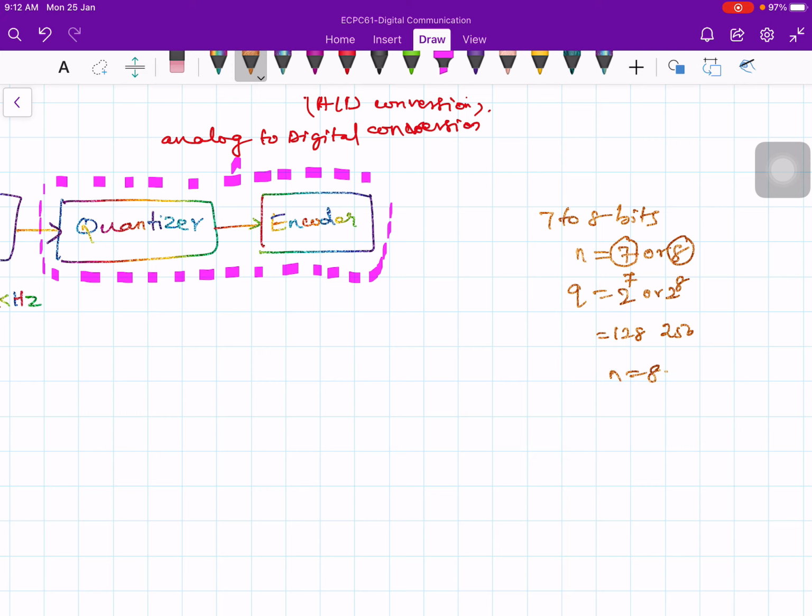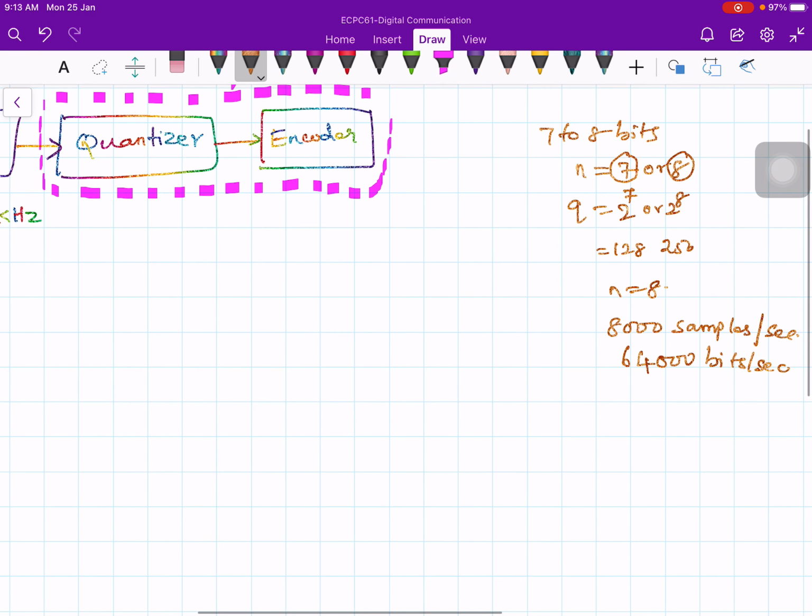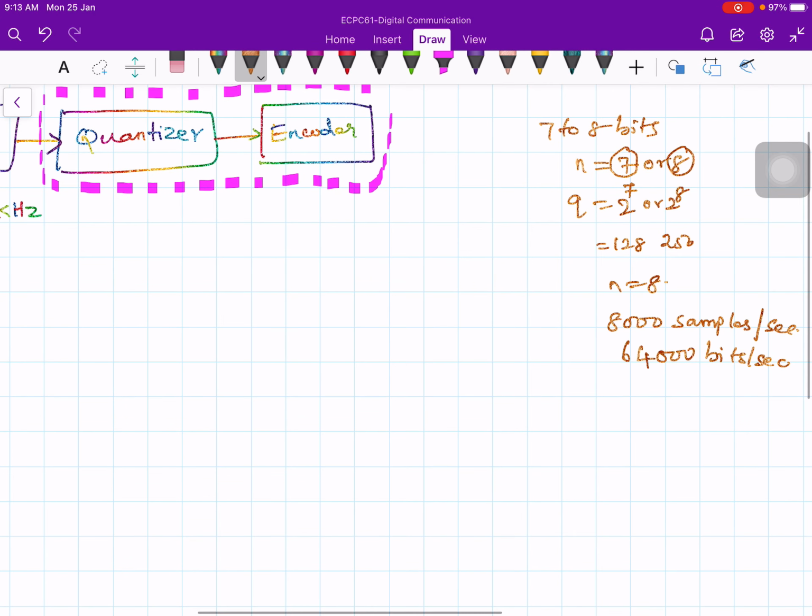In this case, I am doing the sampling at 8 kilohertz. Therefore, I have 8000 samples per second, and each sample is represented using 8 bits. Therefore, 64 bits per second... your sampling rate is 8000 hertz, and each sample is represented by 8 bits.